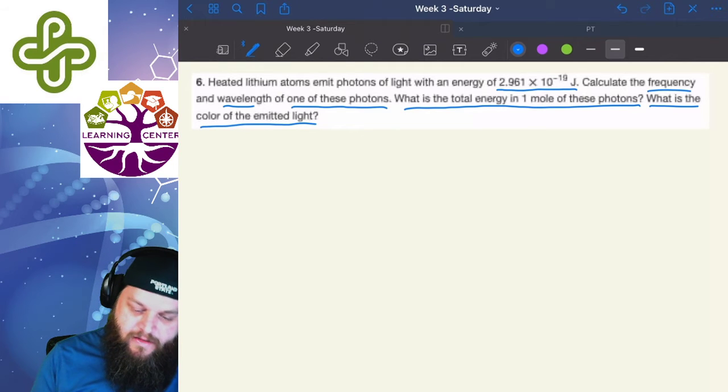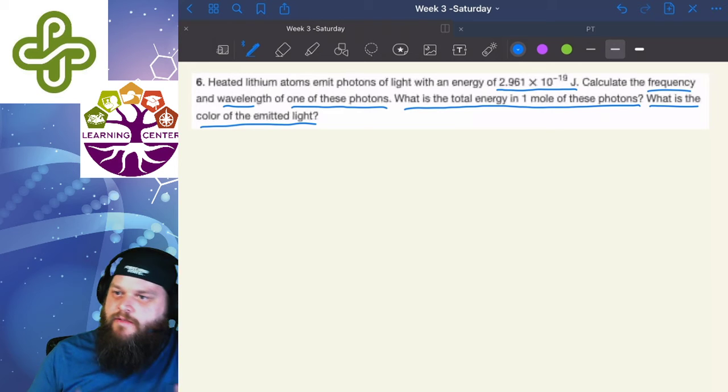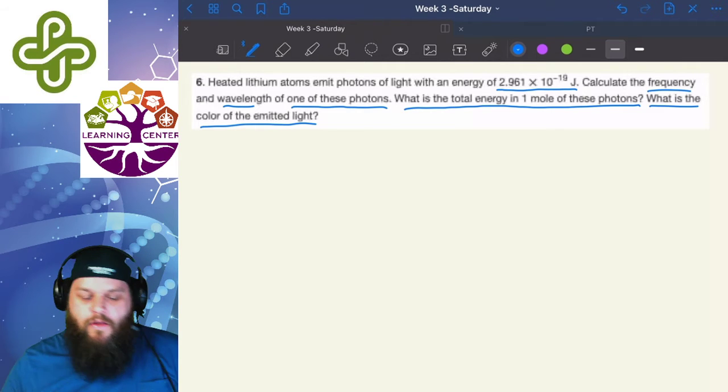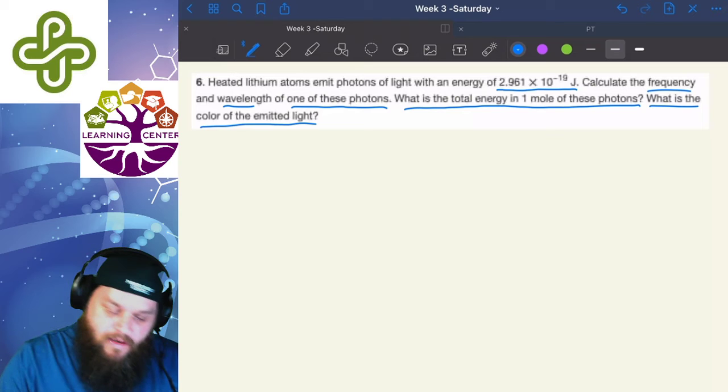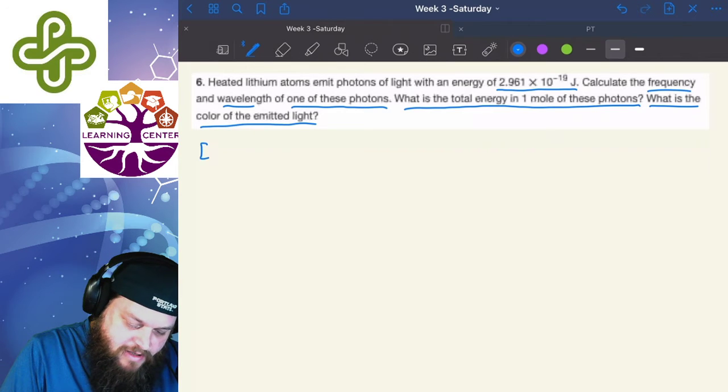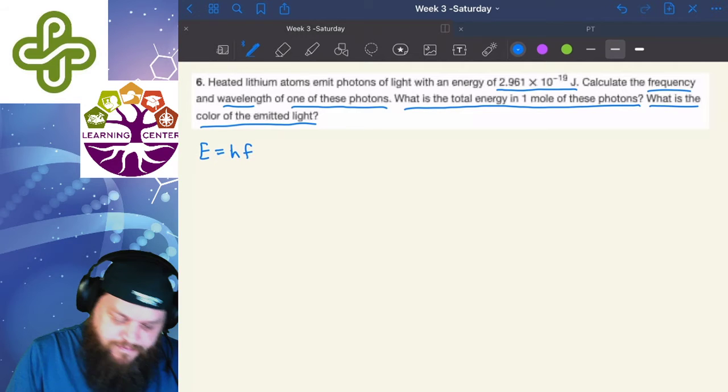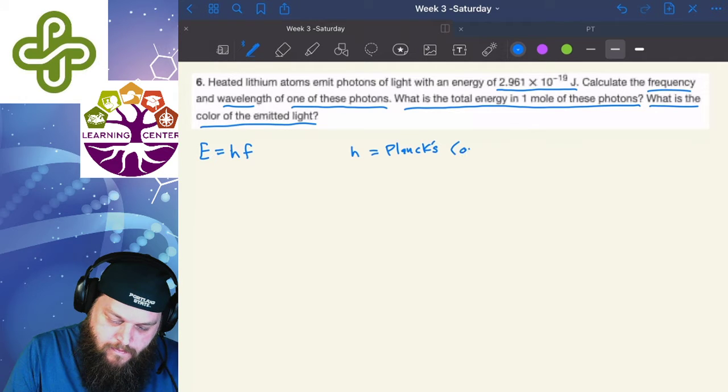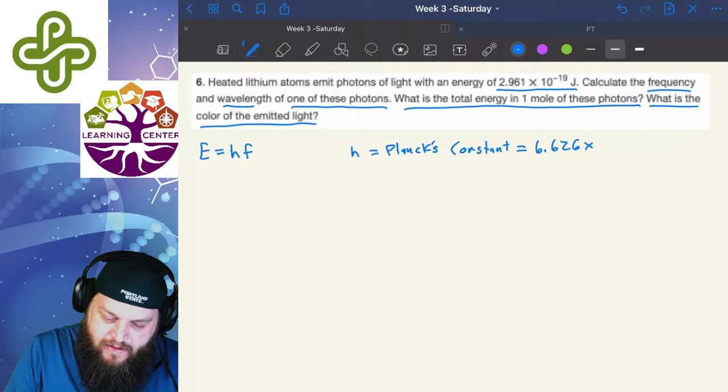But the first one here is to tell us the energy. And the energy and the frequency are related through a basic equation. This is the energy is equal to HF, where H is equal to Planck's constant, and that's equal to 6.626 times 10 to the negative 34.